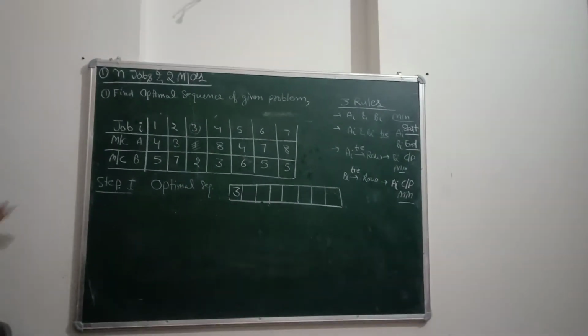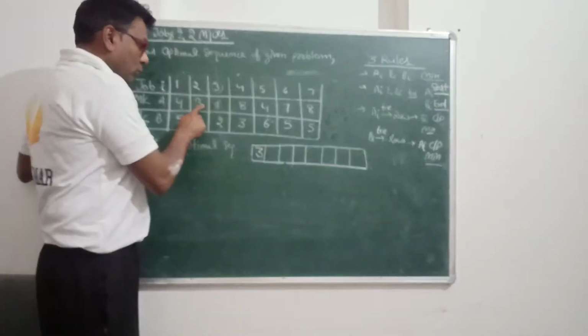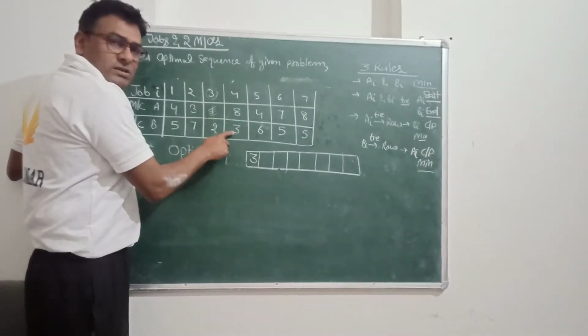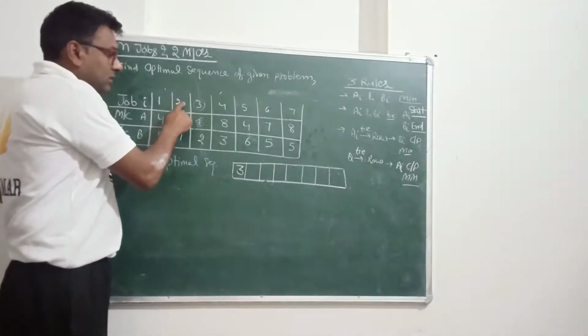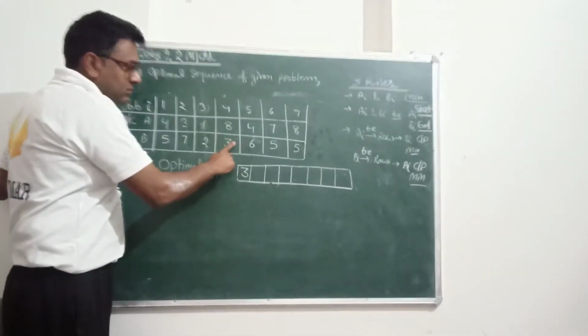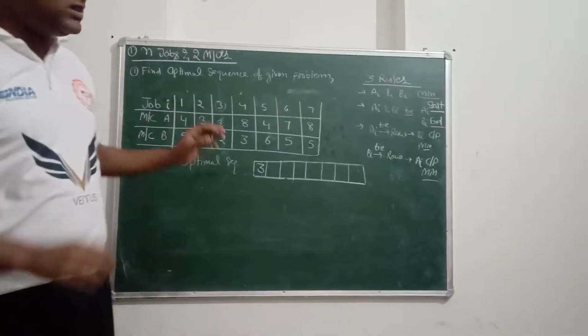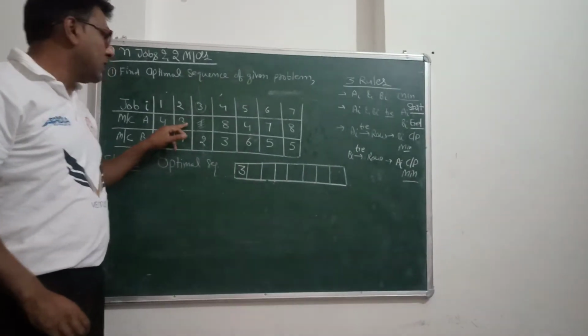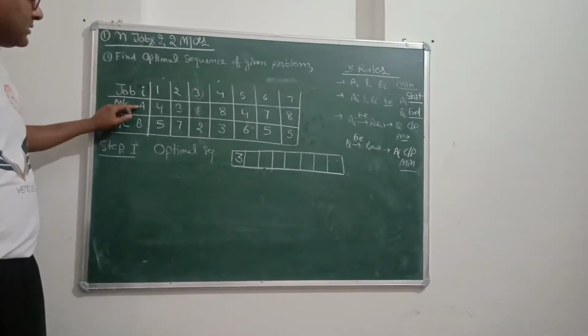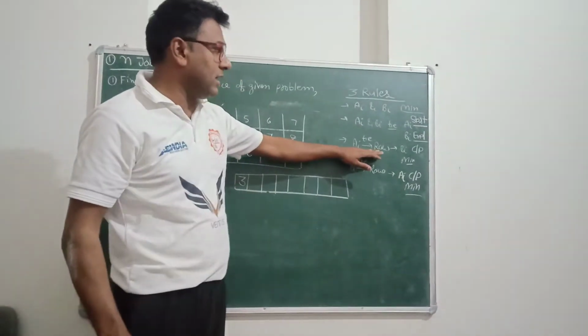So if we see, there are two minimum values, one is 3 and one is again 3, under job sequence 2 and under job sequence 4. Now what we will do if there is a tie in the minimum values, and they lie in A and B, that is different rows, we will follow the second tie rule.